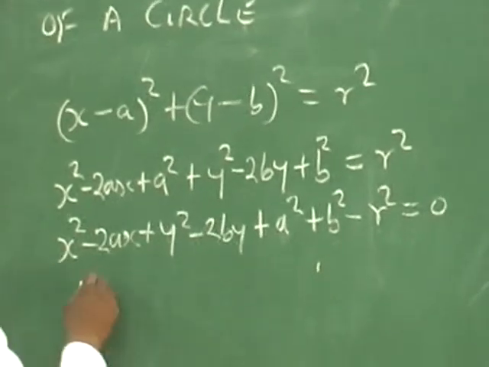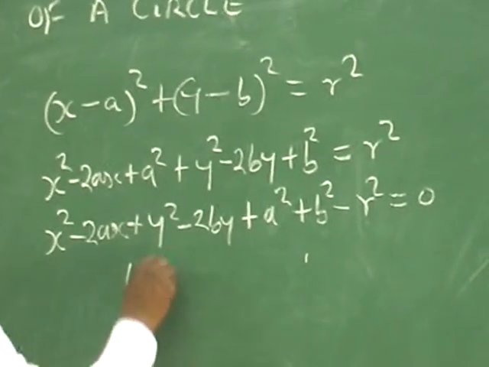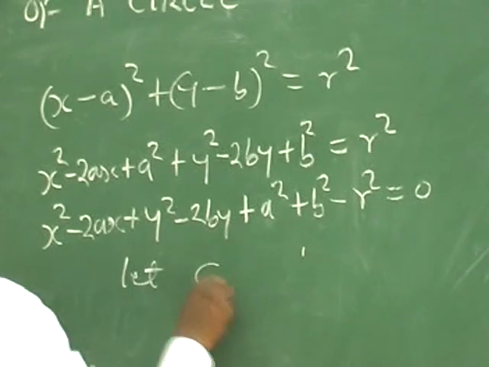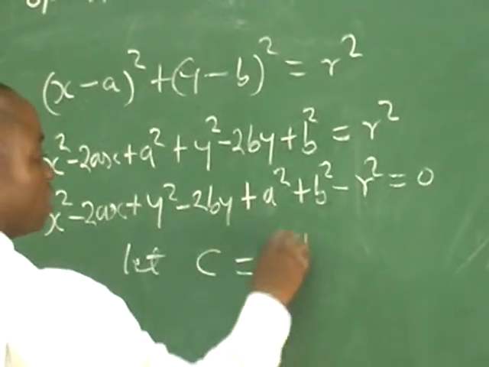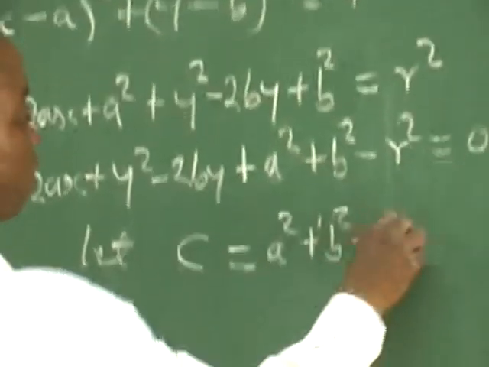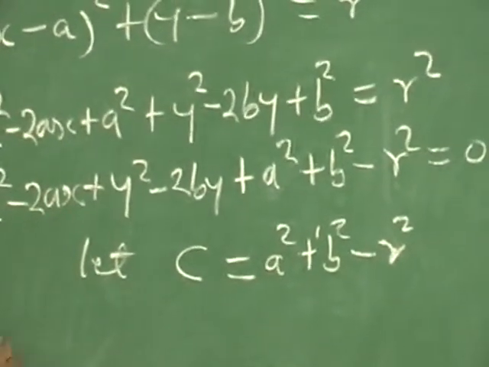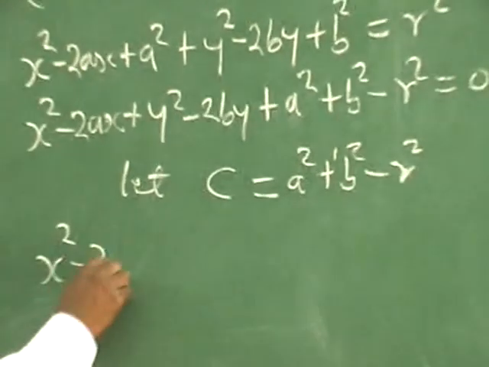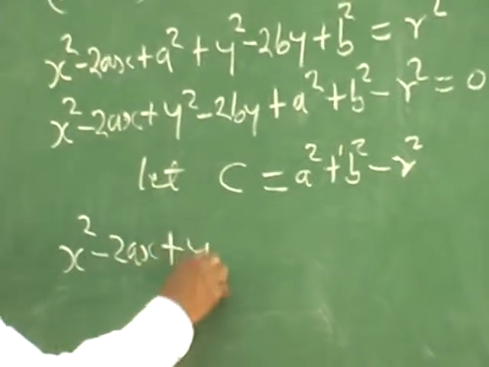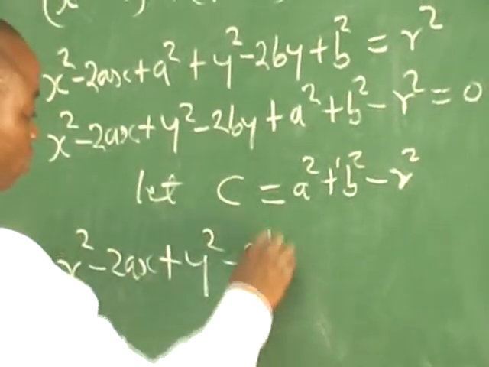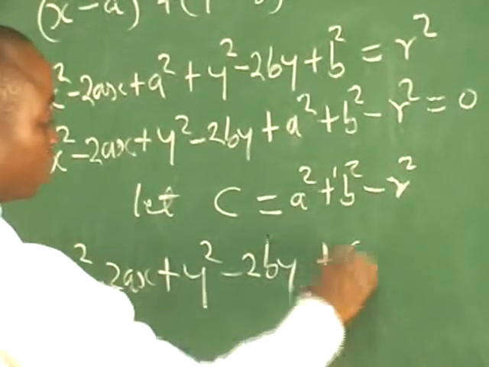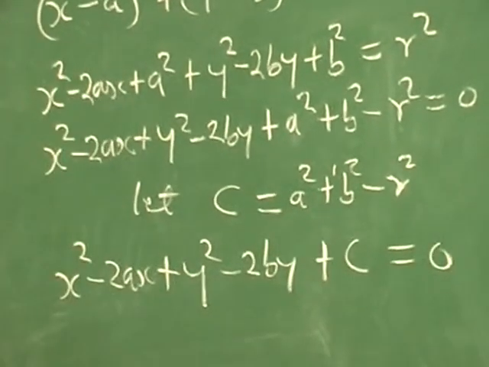Now, if we let c equal a squared plus b squared minus r squared, then we will have this equation in the form x squared minus 2ax plus y squared minus 2by plus c equals 0.